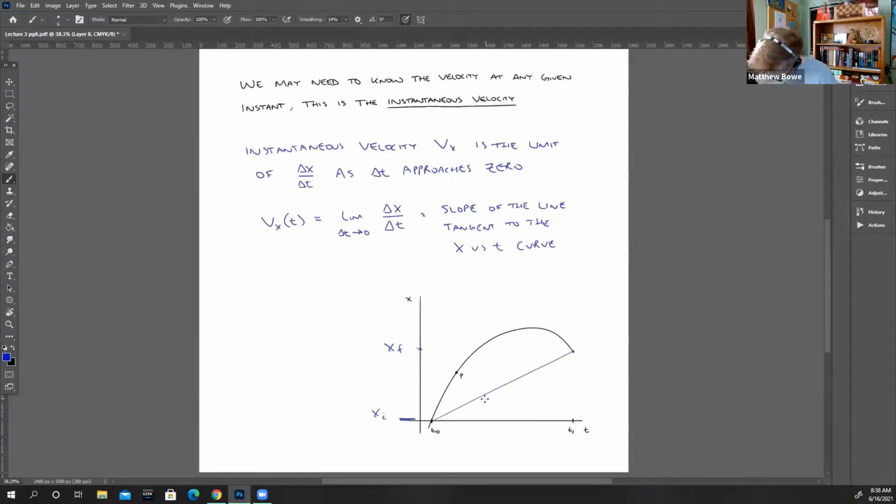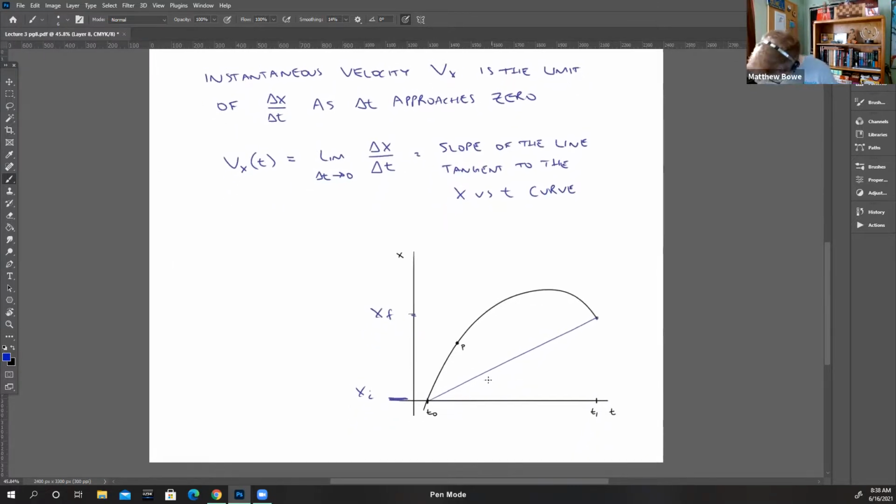So this will be the slope of the average velocity. Okay. But it goes from here to here. It misses a lot of the curve. There's a whole area over here where we're not accounting for how fast this thing's moving.